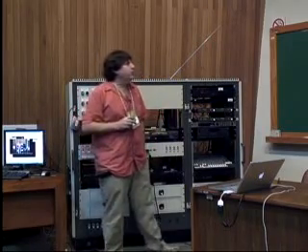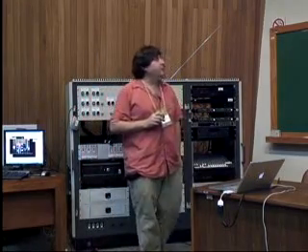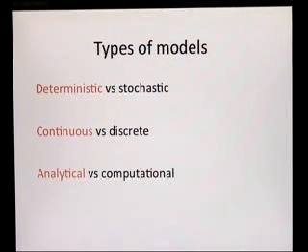And then there are so-called analytical versus computational models. Analytical models tend to be low-dimensional models, either some type of dynamical system, discrete, or an ODE. There's something that you could sort of sink your teeth into. You can hopefully prove at least some things about.